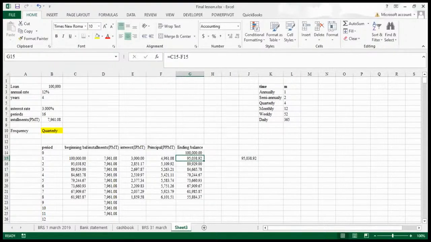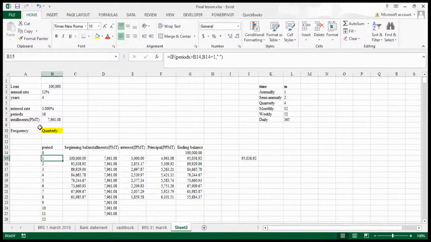Any other question? Show the automation part. This is what I have. You set your formula in this cell where we have 1.